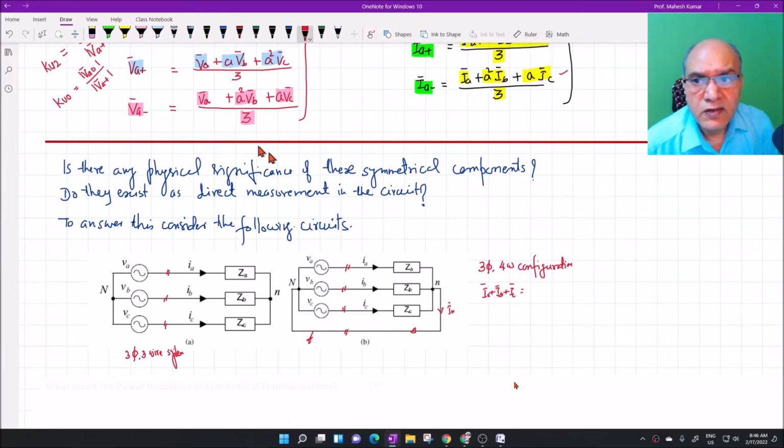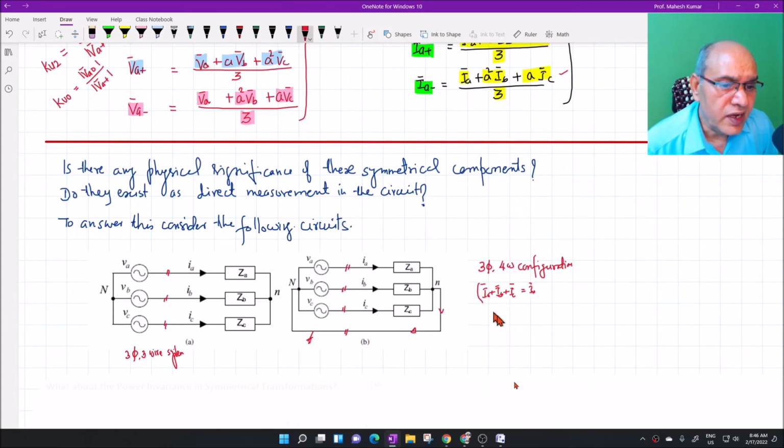Or if all currents are in the same direction, then the summation of all four currents will be equal to 0, that is, IA plus IB plus IC plus IN equals 0. If I change the direction of this current, then it equals IN.